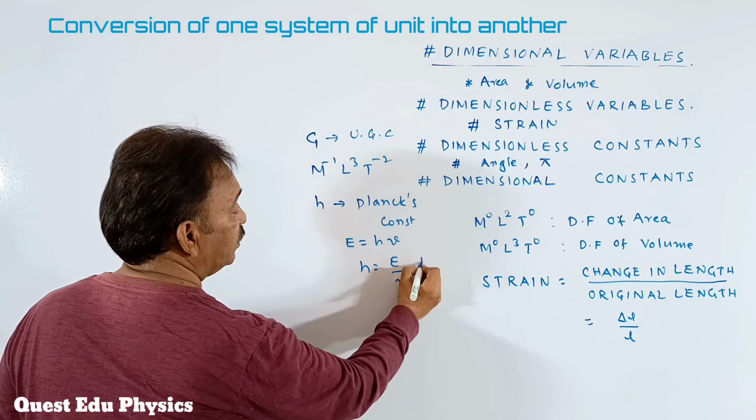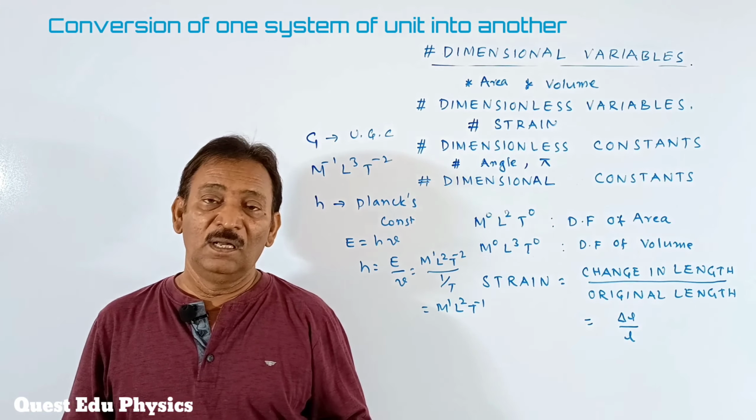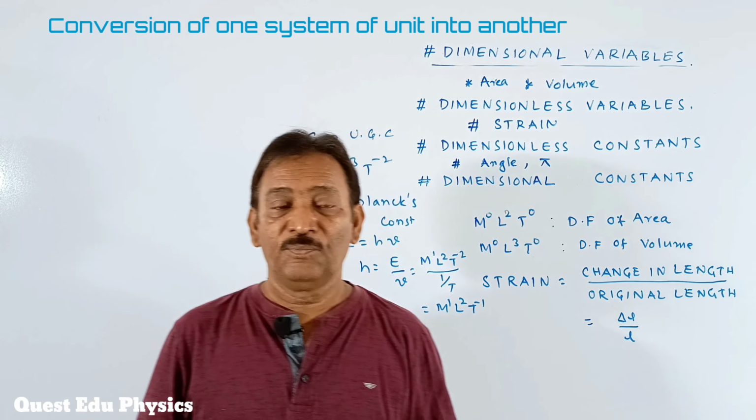E is energy, M^1 L^2 T^-2, divided by 1/T, that is M^1 L^2 T^-1. It is one more constant which has dimensions. You will come across many constants in coming classes, students.